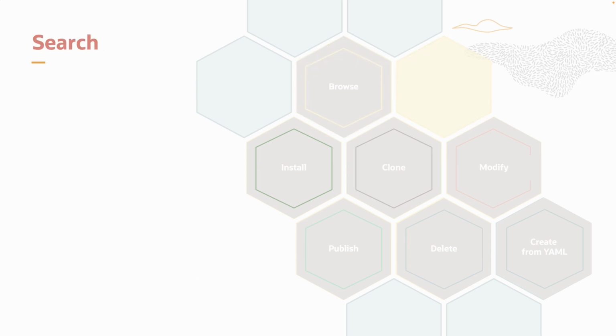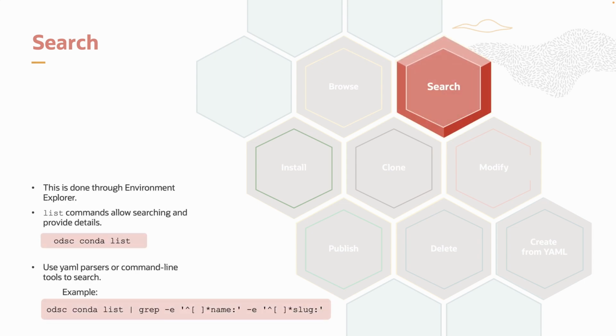Searching. There's no specific command for searching in the command line, but you can do searches through the Environment Explorer. To do it on the command line, you would do the ODSC Conda list command, and then you can pair that with different command line tools such as grep to search for different parts of the YAML file.